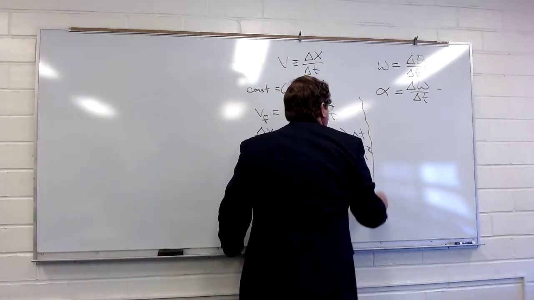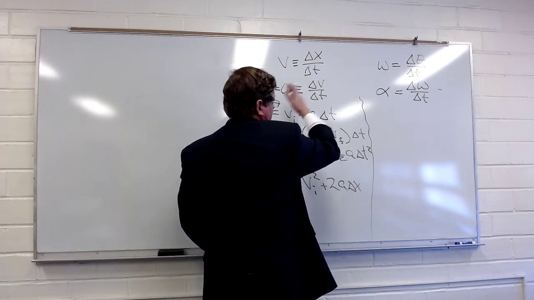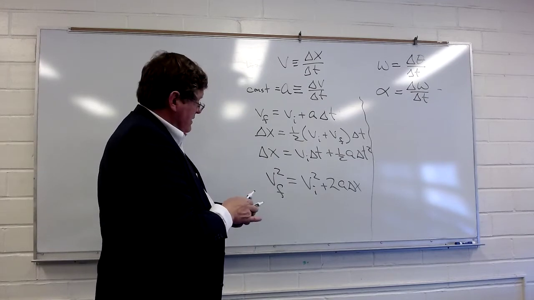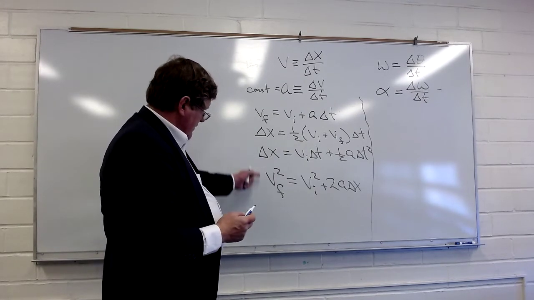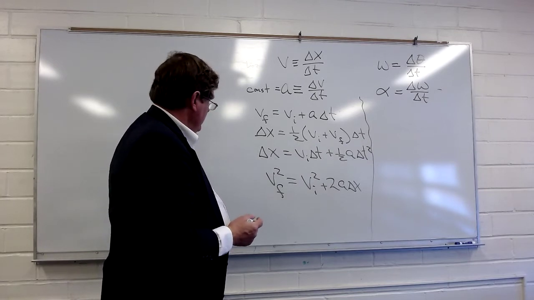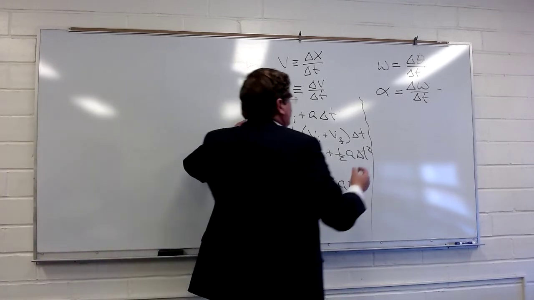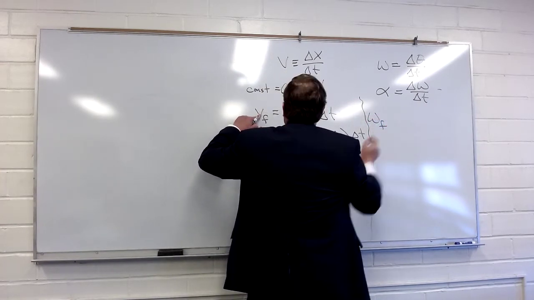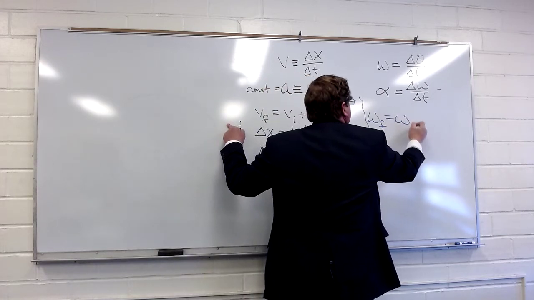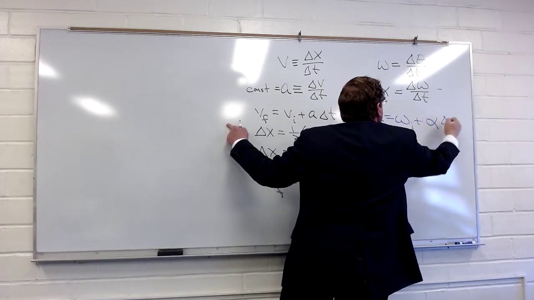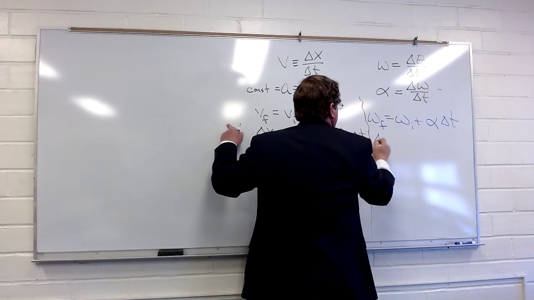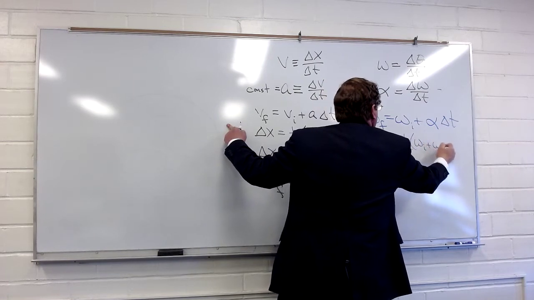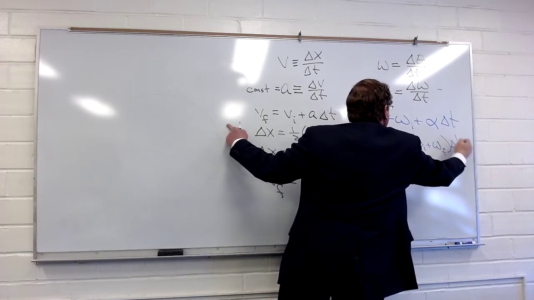Well, now, because of this similarity in relationships here, we have 4 equations for angular velocity that are just parallel to these equations for linear motion. And so instead of linear velocity, I would have angular velocity final, and that's going to be the initial plus the angular acceleration times the time. We're going to have a change in angle that's going to be 1/2 the initial plus the final, delta t.